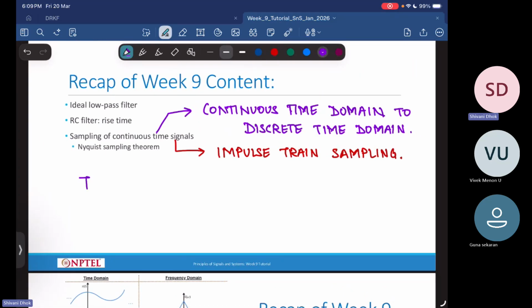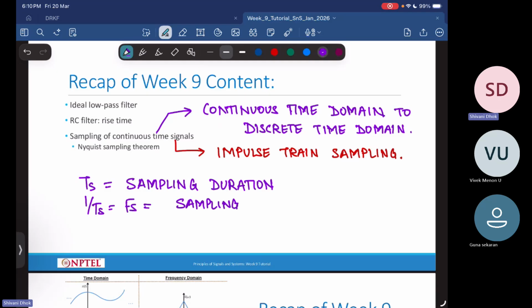Ts is your sampling duration, and 1 by Ts, that is your fs, is your sampling frequency. In angular frequency domain, you will get 2 pi fs is equal to omega s.